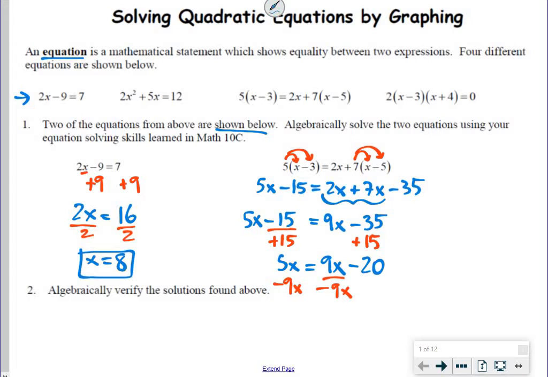That gives me now on the left negative 4x, and on the right I have negative 20. Now, I'm pretty close. I just need to get rid of the negative 4 on the left side. In order to do that, I need to divide both sides by negative 4. So negative 4 divided by negative 4 is positive 1. So I have 1x equals negative 20 divided by negative 4, which is 5.